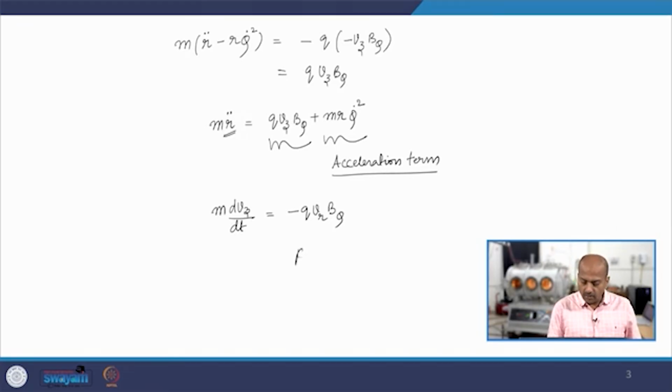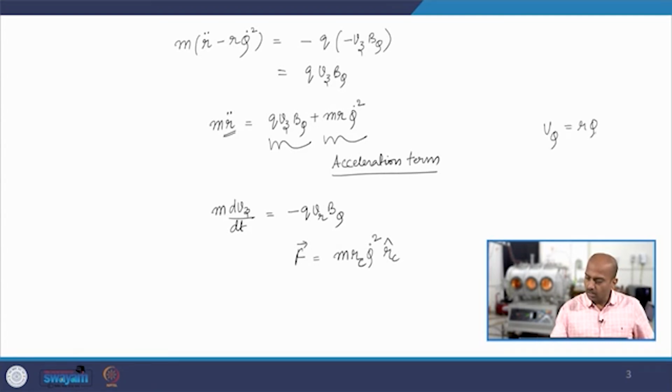So, you write the additional term, just take out the additional term, F is equal to m RC, because we are looking at RC for a particular flux line which is along RC cap. So, V phi, you should remember, V phi is R phi dot. Okay. Now, this is the additional force that the particle is experiencing.